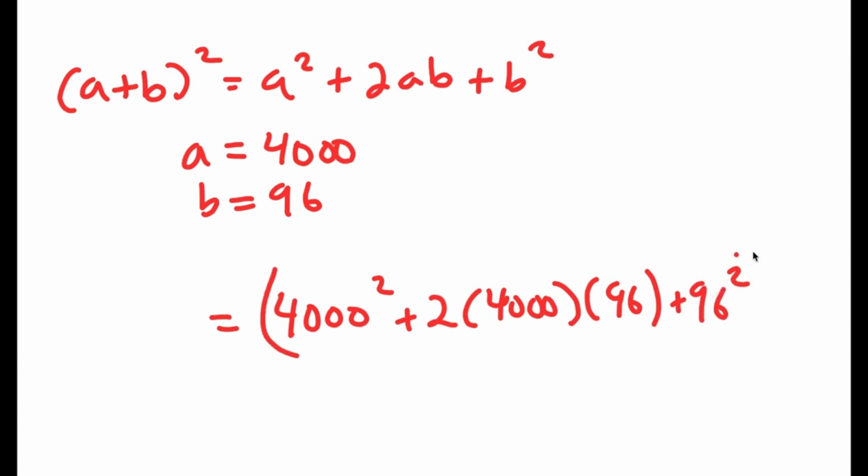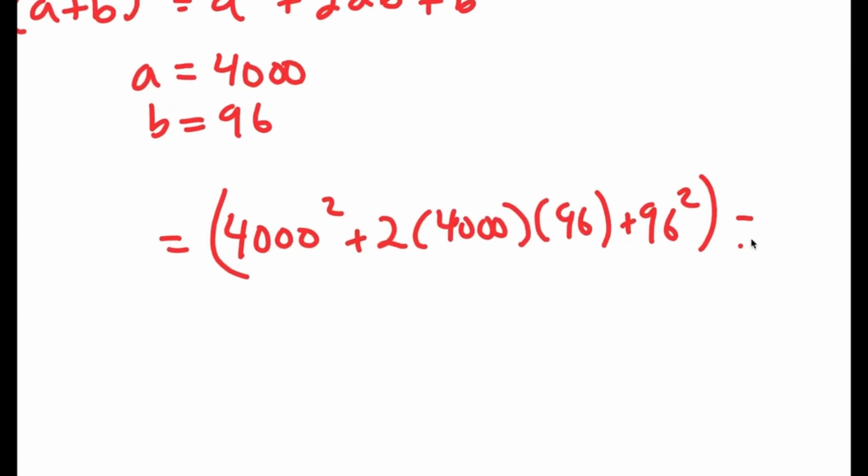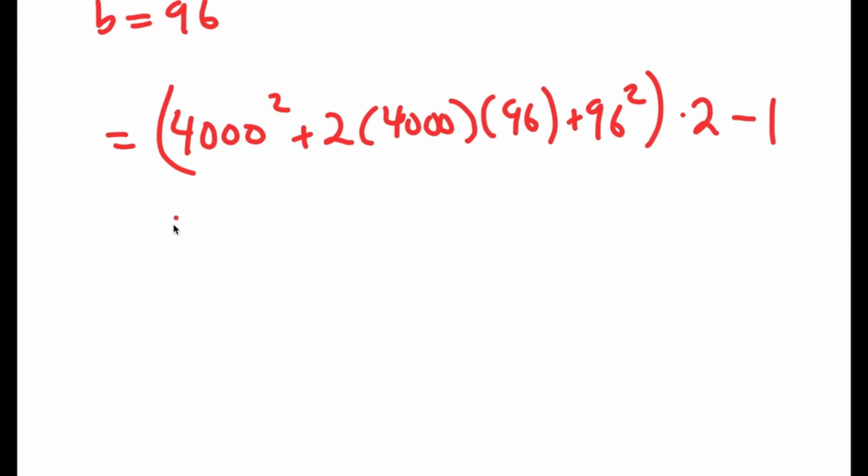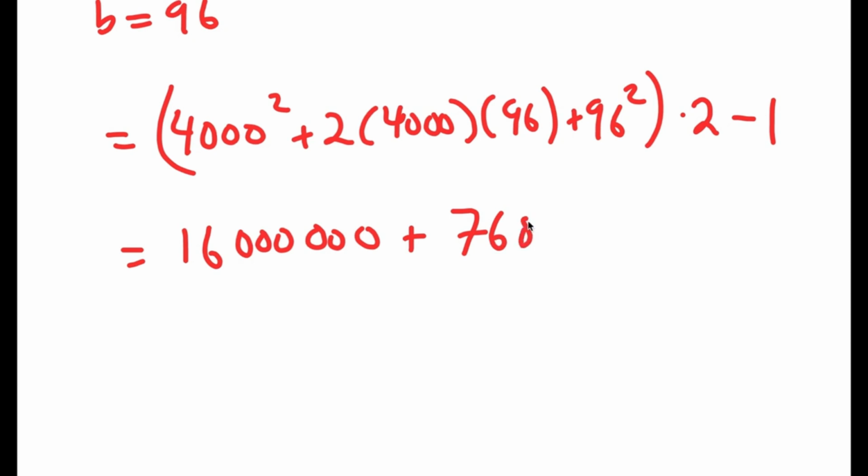And I have all of this minus 1. Oh, sorry, all of this times 2 minus 1. Now, 4000 squared is equal to 16 million. 2 times 4,000 is 8,000, and 8,000 times 96 is equal to 768,000.